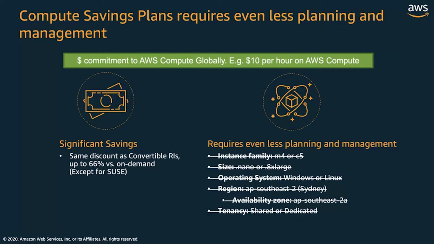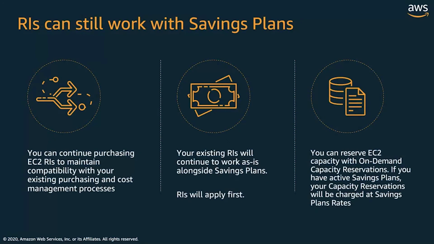They extend into our container offerings and Lambda as well, so all three of our major compute offerings in AWS Cloud. So compute savings plans are much more flexible. You don't achieve the same amount of discount for obvious reasons, but it's up to 66%, and you don't need to plan anything in advance. You can use this very flexibly.